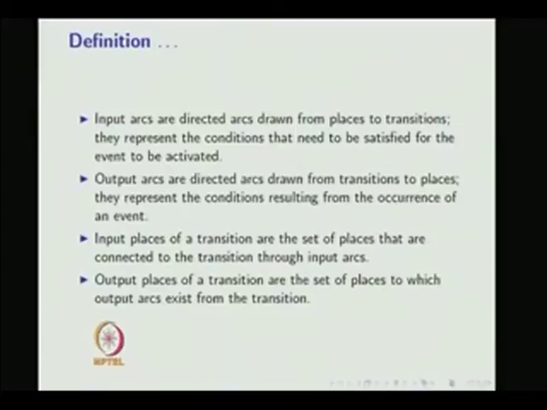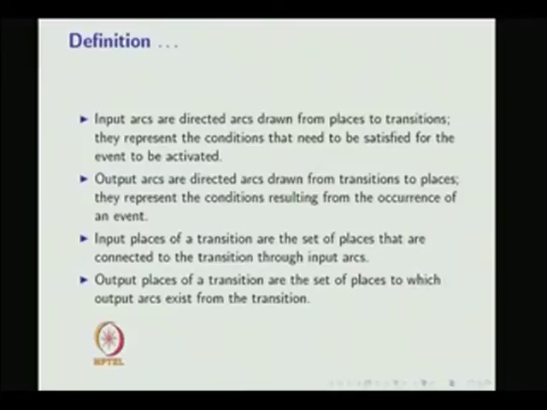The definition continues. Input arcs are directed arcs drawn from places to transitions. They represent the conditions that need to be satisfied for the event to be activated. Output arcs are directed arcs drawn from transitions to places.